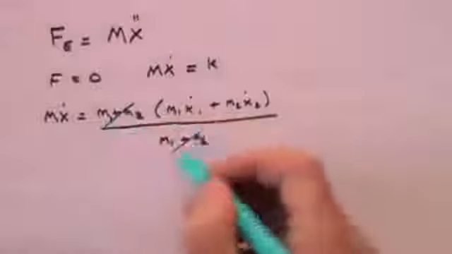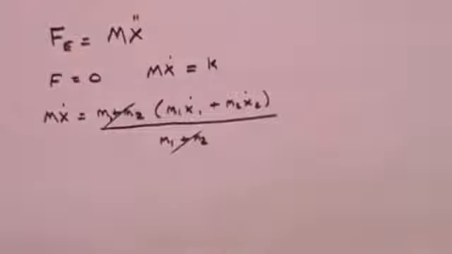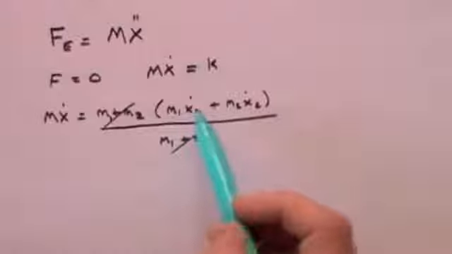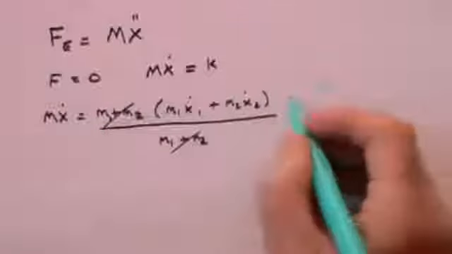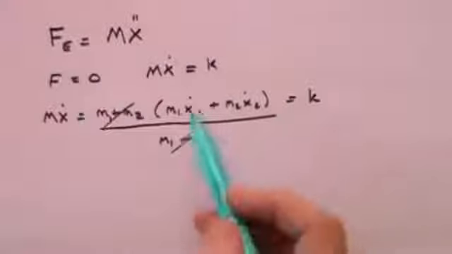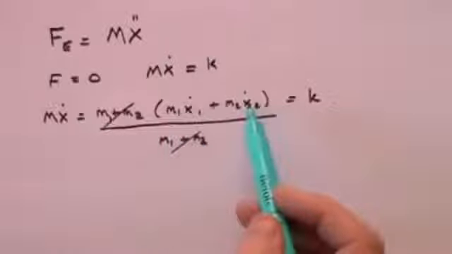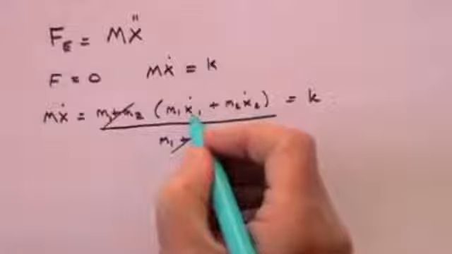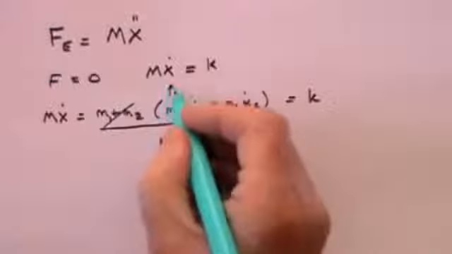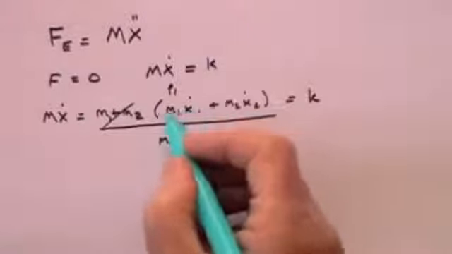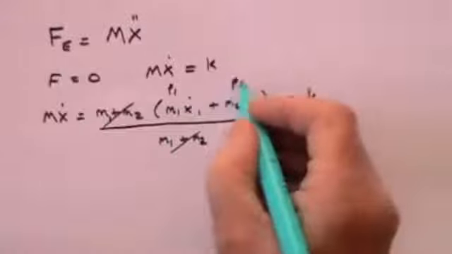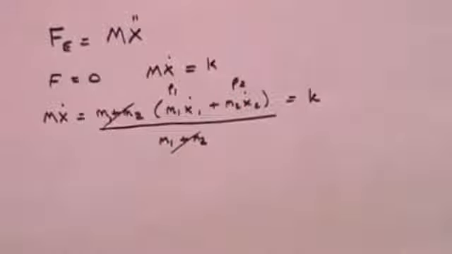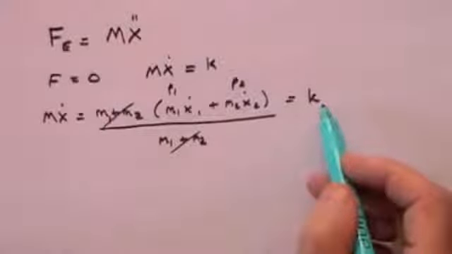Once again, the m1 plus m2 cancels, and what you now have is that m x dot is a constant, and that constant is made up of the individual momenta of the masses. Mass times velocity is momentum. So that's just the momentum of mass 1. That's the momentum of mass 2. And that momentum is constant.